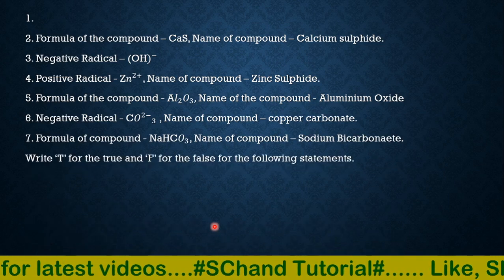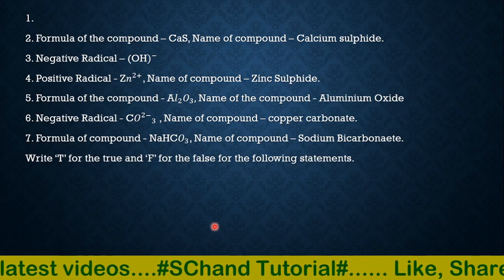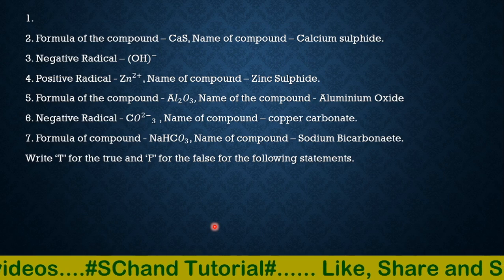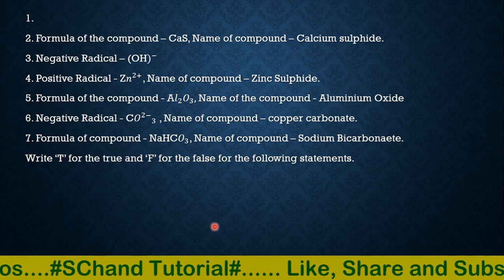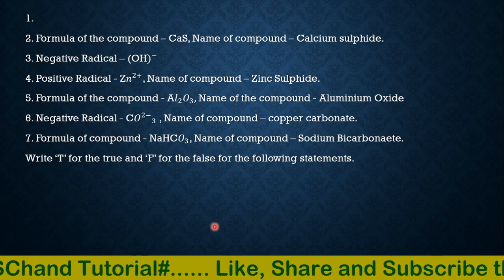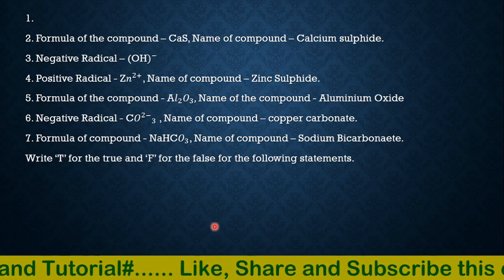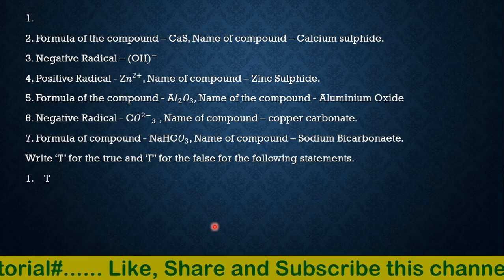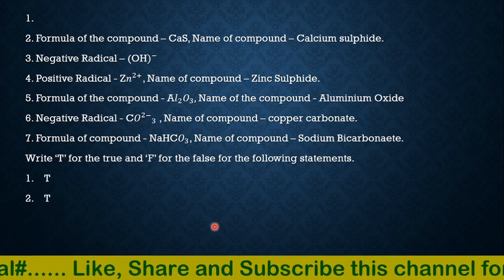Here is one more question: write T for true and F for false for the following statements. HCl is a diatomic molecule, that is true. The valency of a radical is the same as the charge over it, that is again true.